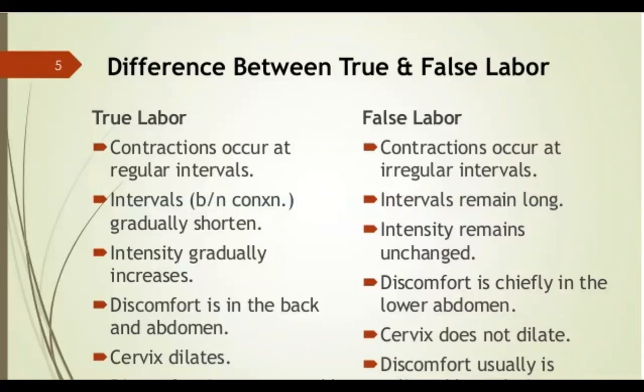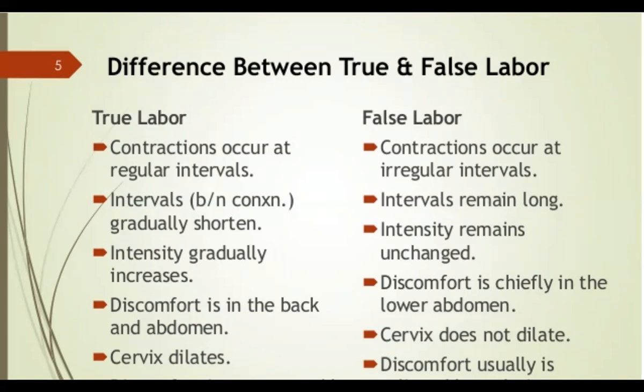In true labor, the intervals between contractions gradually shorten. As I explained previously, if the contraction comes every 30 minutes, then every 20 minutes, then every 15 minutes and 10 minutes, this takes place in true labor, while in false labor the intervals remain the same.